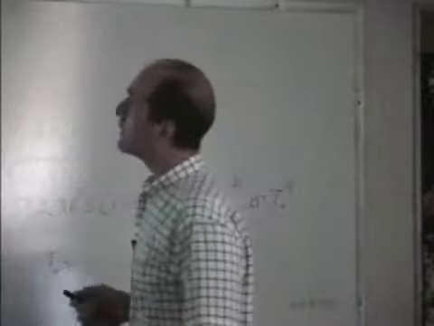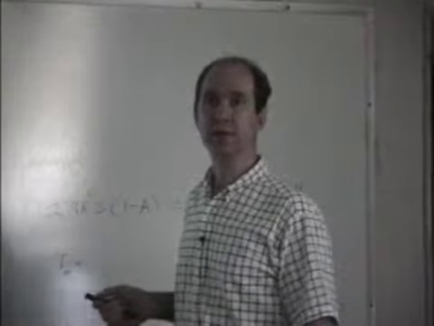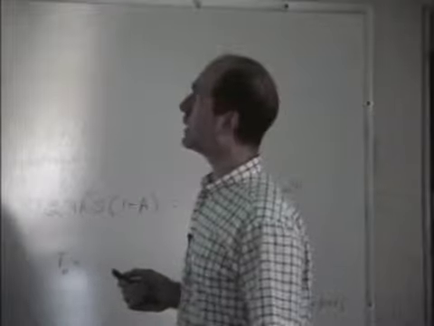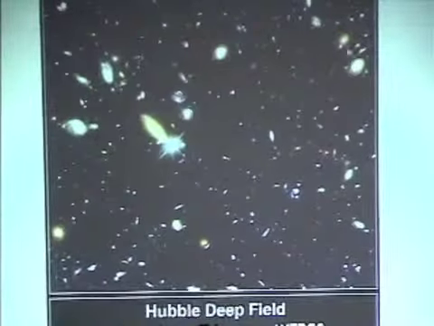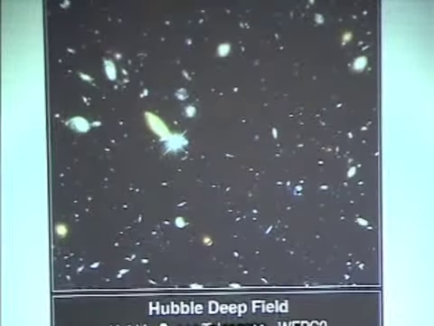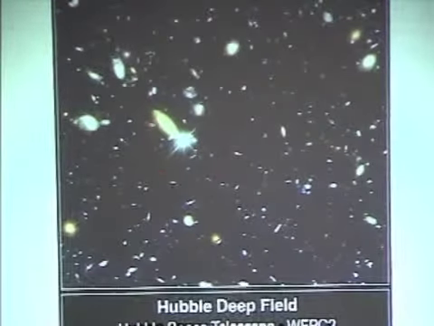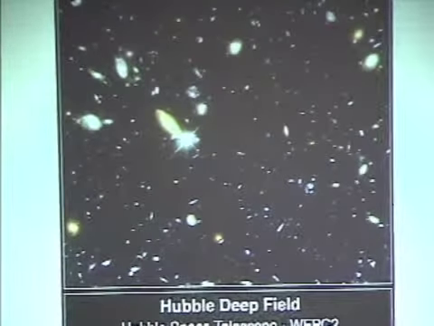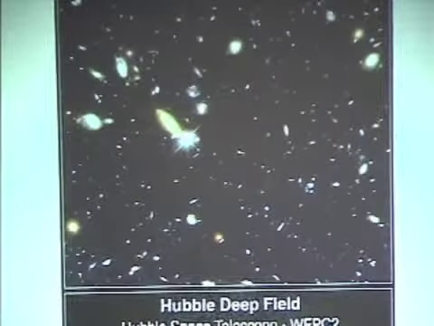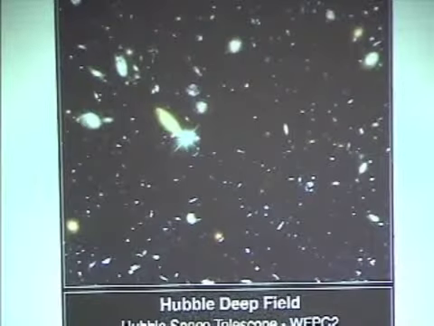There we go. I like this picture because it shows an entire zoo of different kinds of objects that you'd see in the universe, starting with relatively nearby galaxies. So these large swirly things here. You can see directly here they have different colors depending upon their temperatures and the kinds of stars that are in them. But these big things are relatively nearby. This object here is actually a star within our own Milky Way galaxy that is extremely bright merely because it's nearby.